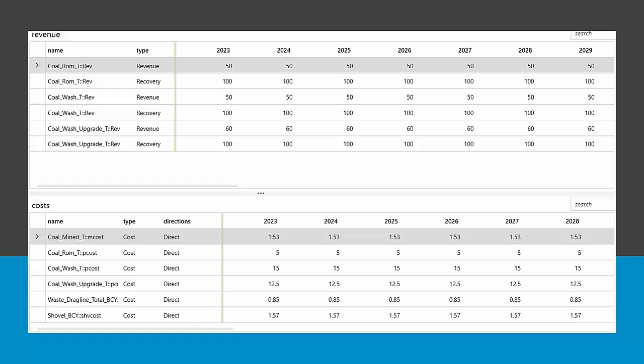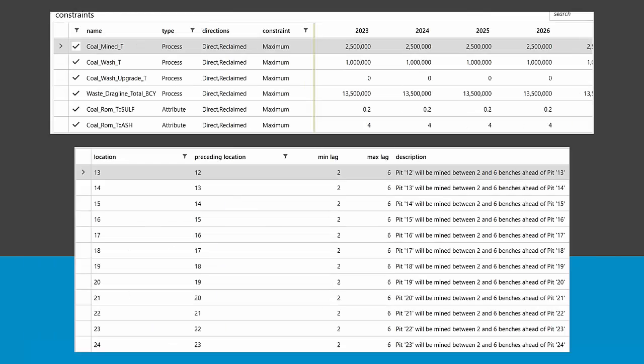So setting these financials, then I have my individual strips. So we saw that this was a flat plane, right, with all these strips. Another key feature that we have here is this min and max lag.